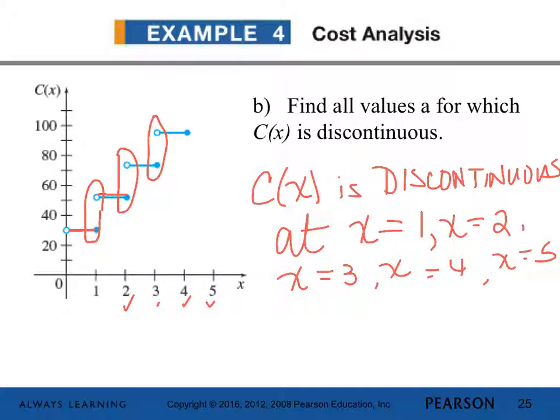Or if you wanted to write that as a list, it's discontinuous at x equals 1, 2, 3, 4, 5. And actually it would keep on being discontinuous at integer values for x.